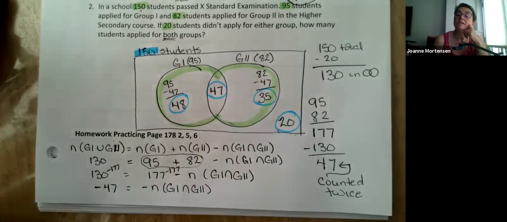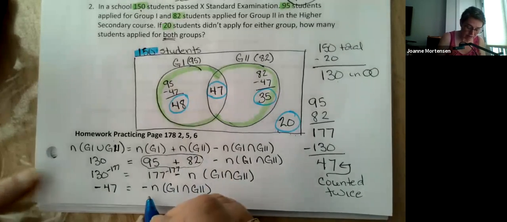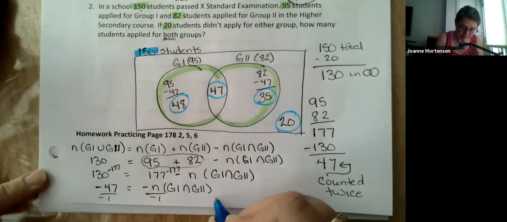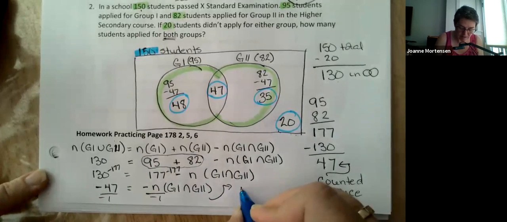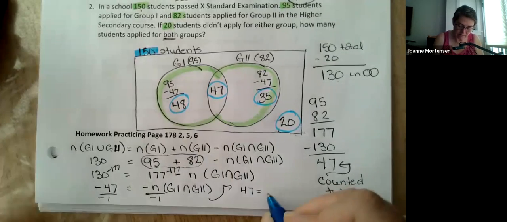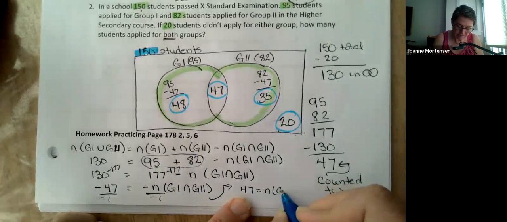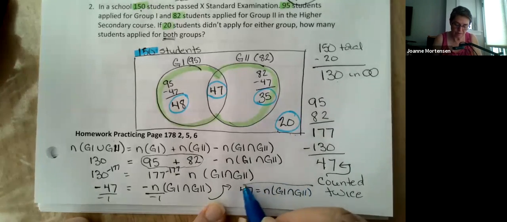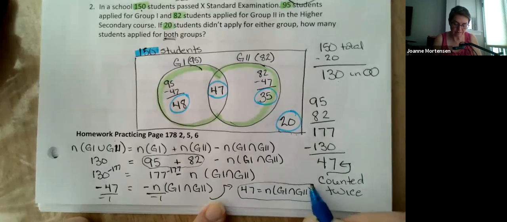Usually if I'm counting things and I end up with a negative number, it's like, oh, I really screwed that up, didn't I? But notice here, there's a negative here, there's a negative on that side. So to finish this off, divide by -1, divide by -1, and I ran out of room. I'm going to get 47 is equal to the number in G1 and G2, which is how many applied to both. So there is the same answer.